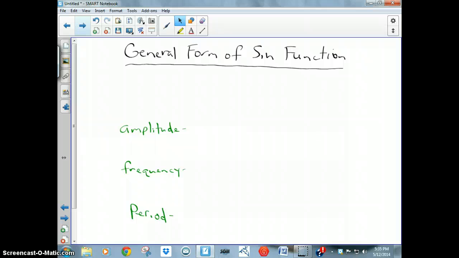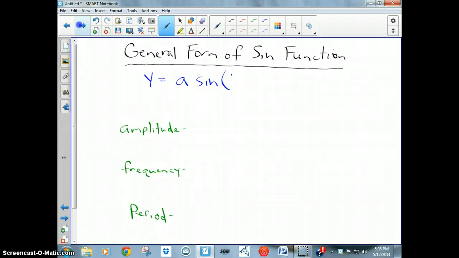Finally, the general form of the sine function is y equals a sine parenthesis b theta. Remember, theta is x. It's kind of like x right there. The amplitude is the a value, the absolute value of a, because it's always positive. That's the amplitude. The frequency is the b value.